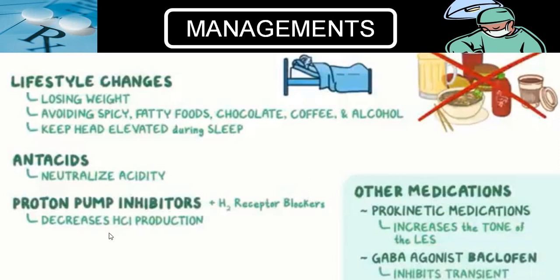Proton pump inhibitor will decrease the acid production. You can use the prokinetic drugs, which will make gastric emptying faster. There is also a little benefit from GABA agonists like baclofen, which inhibit transient lower esophageal sphincter relaxation.